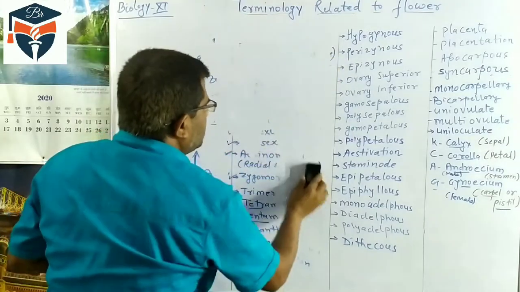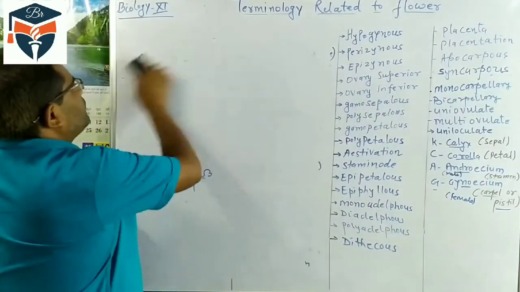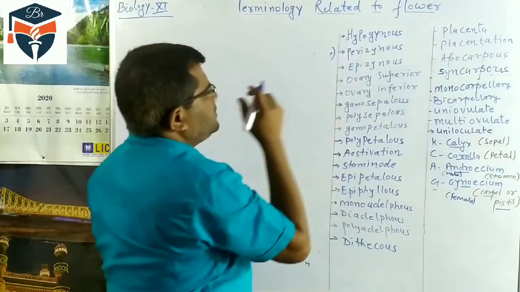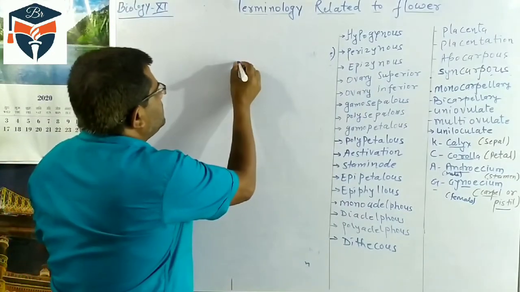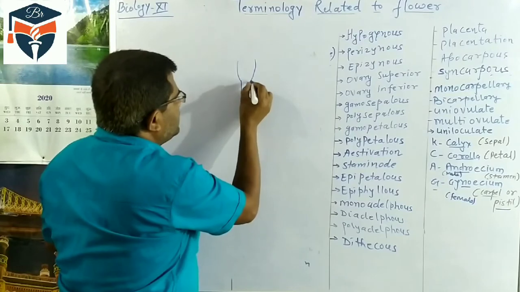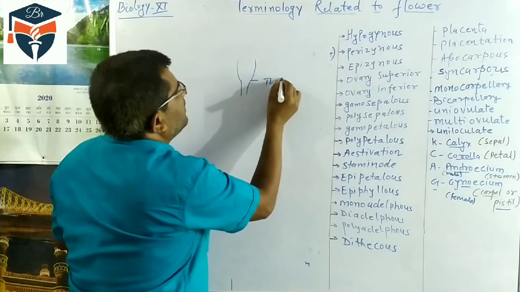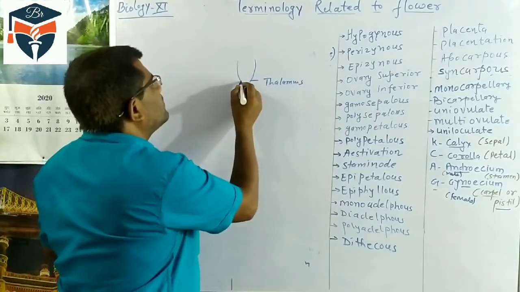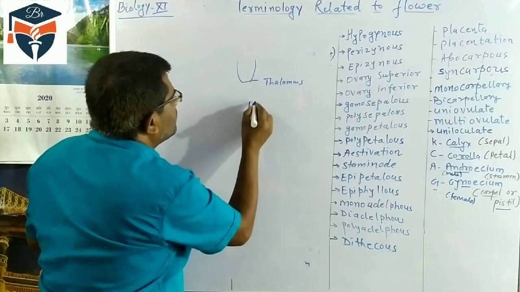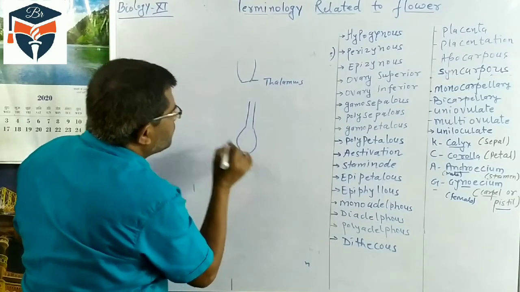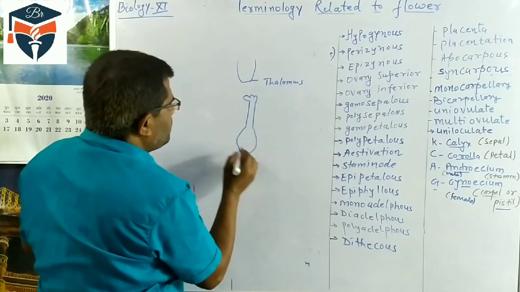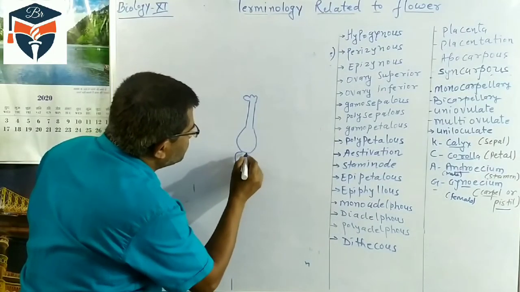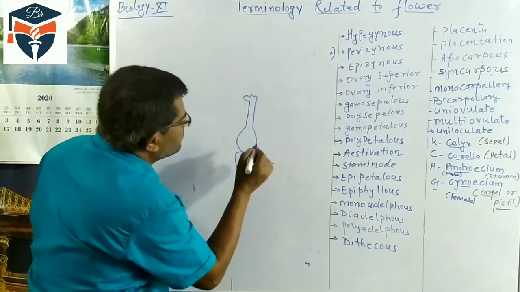Now there are other terms we have. This is the hypogynous flower. Try to understand. This is the swollen part of the flower, as I told you, the thalamus. This is the ovary, and this is the stigma. So in the hypogynous flower, this part is the thalamus, and this is the ovary.